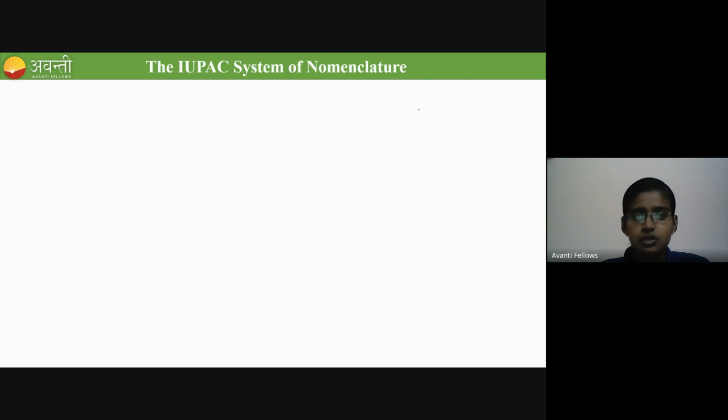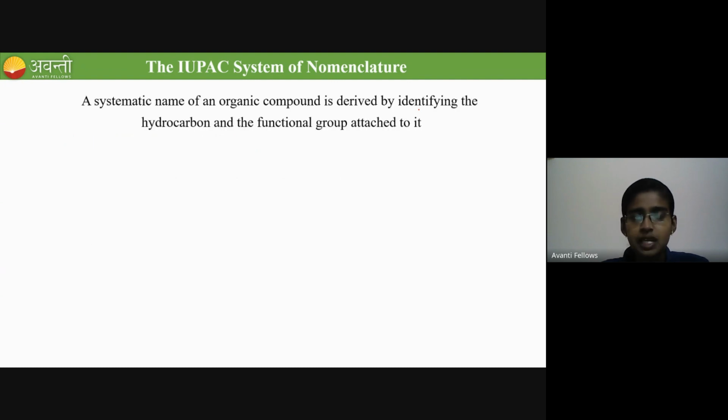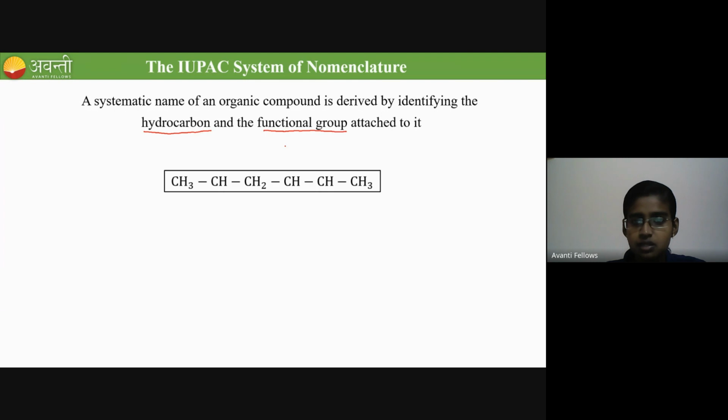Now coming to the systematic name of an organic compound, it is derived by identifying the hydrocarbon and the functional group attached to it. So how can we deduce the name or the structure of a compound from a particular name? By identifying the hydrocarbon and the functional group attached to the hydrocarbon in the given molecule. So I'll show you an example.